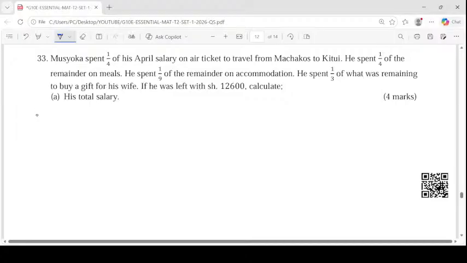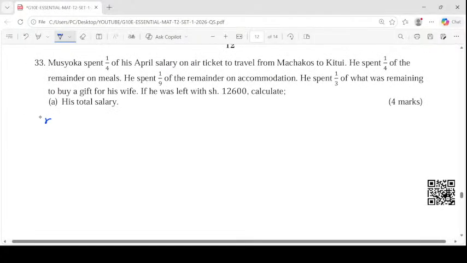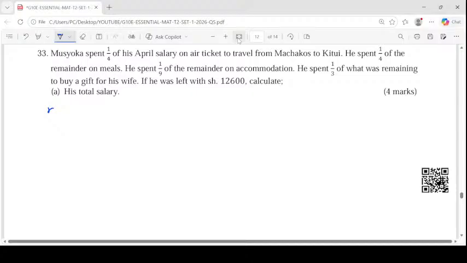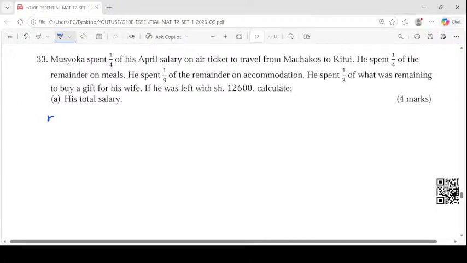Let me see, sorry. Okay, let us see. Traveling, just to travel alone, my pen is not writing.